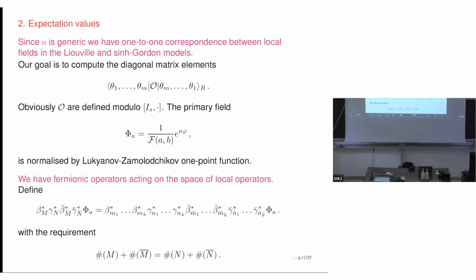Okay, so now I am back to my problem. I want to consider these matrix elements for the states which are computed from the TBA. The thetas are not arbitrary, they are solutions to these equations which I mentioned before.